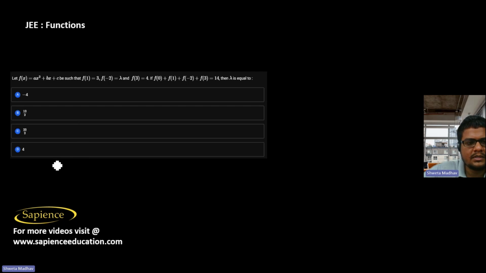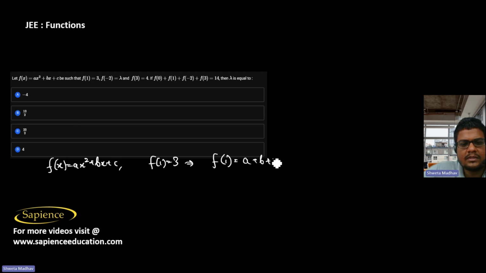Then here it is told that f of x is equal to ax square plus bx plus c, and f of 1 is equal to 3. So f of 1 will be a plus b plus c, equal to 3, and f of minus 2 is equal to lambda. Lambda has been asked, so we have to find f of minus 2.